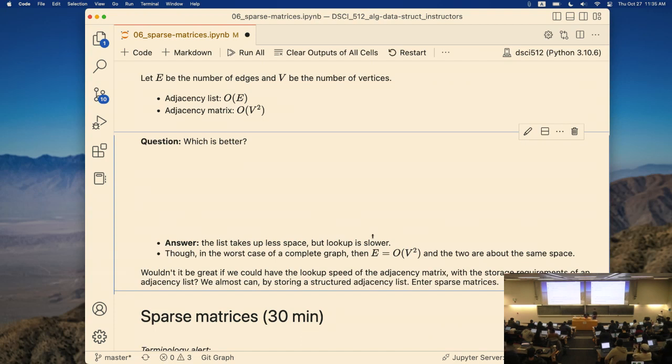All right, we're back. So let's talk about why it's important to have an alternative representation here called a sparse matrix. So the thing is, for real-world applications of graphs, what happens is that we usually do not have a fully connected graph. We usually don't deal with complete graphs or anything even near that.